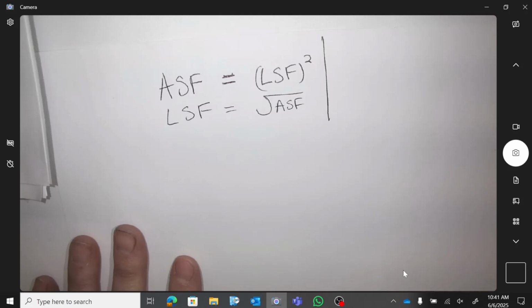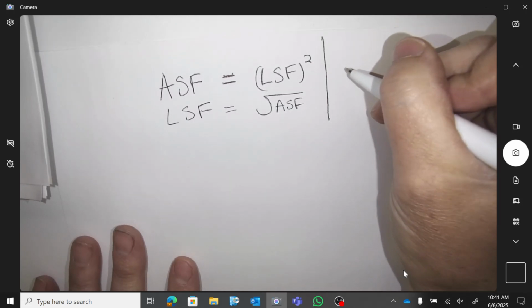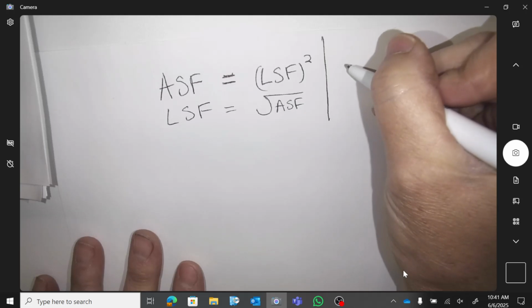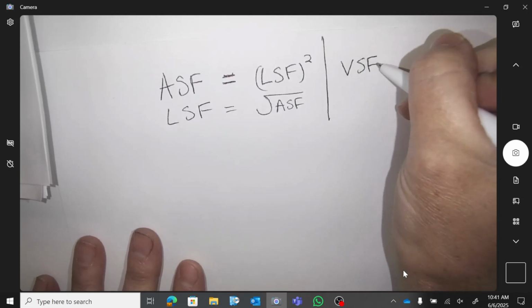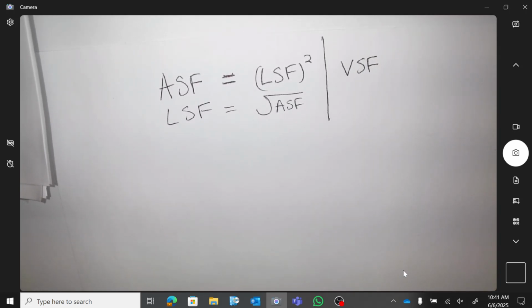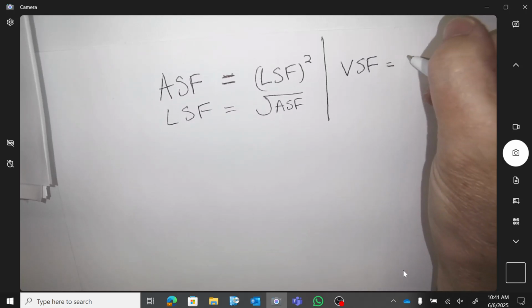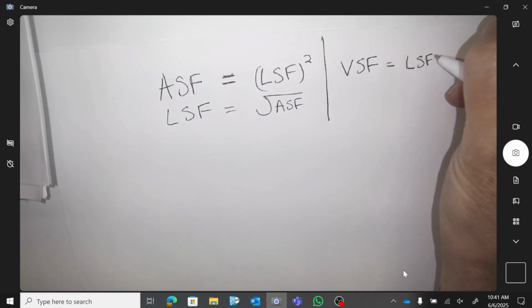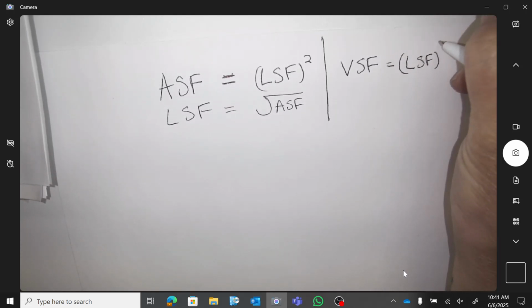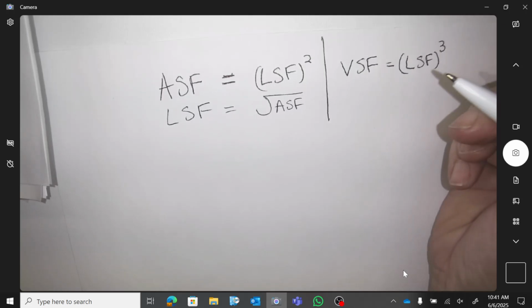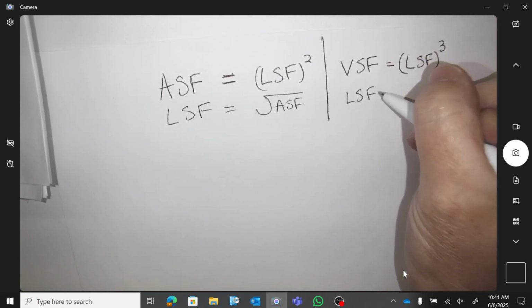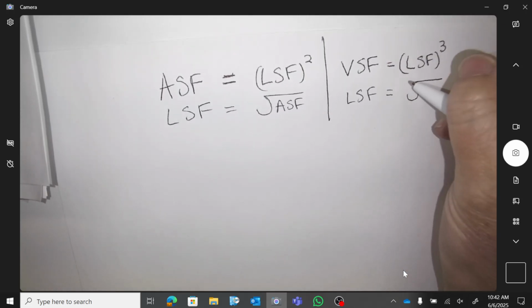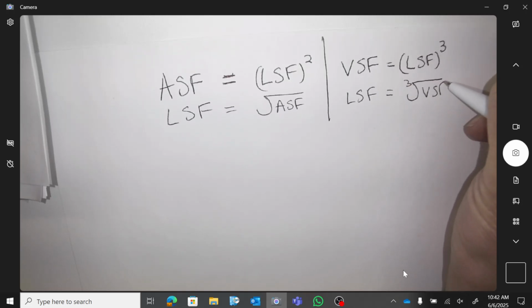Do you remember that? It's proportions. How do you get a volume? How do you see what is happening with the volume of something? Linear scale factor would get cubed. And how do you get a linear scale factor if given volume? Cube root of your volume scale factor.